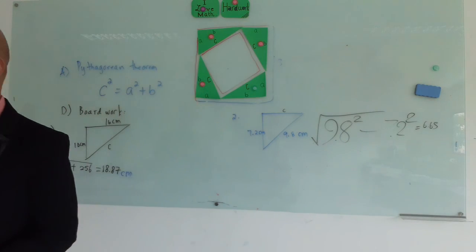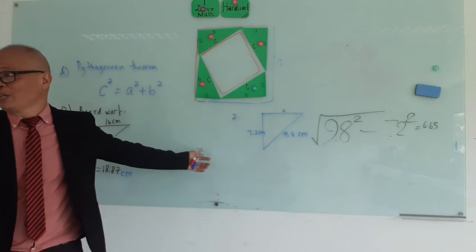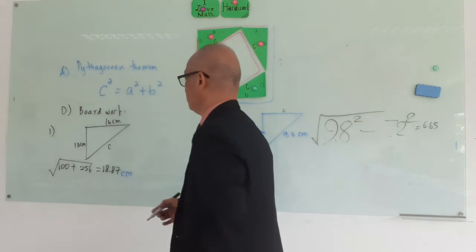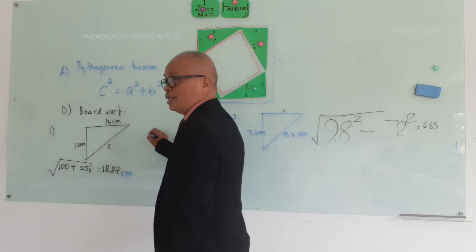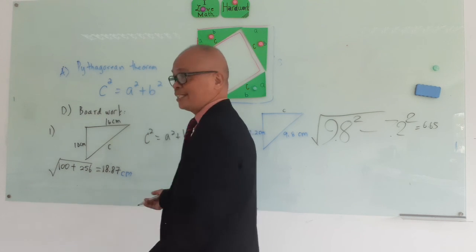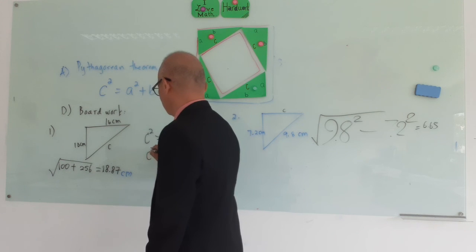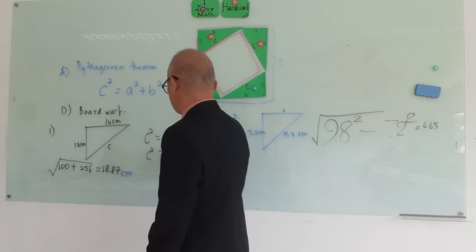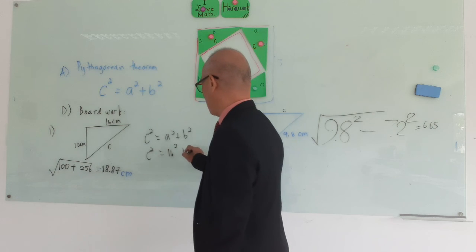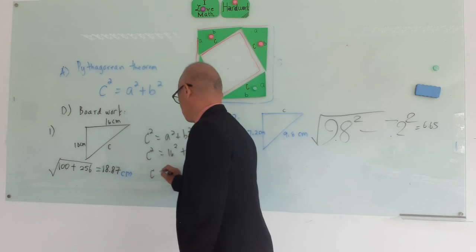Now here, for example, if you're given this example, you need to always write the formula, and next you will substitute the values. So A here is 16, plus B is 10, and then square root.